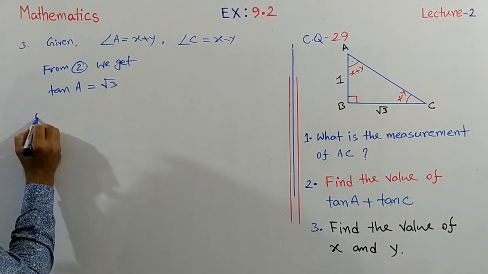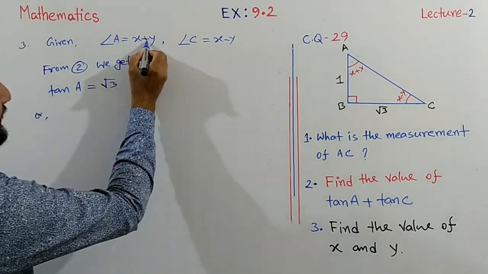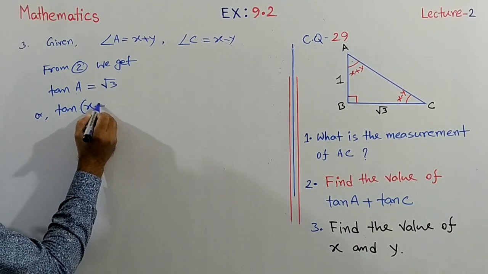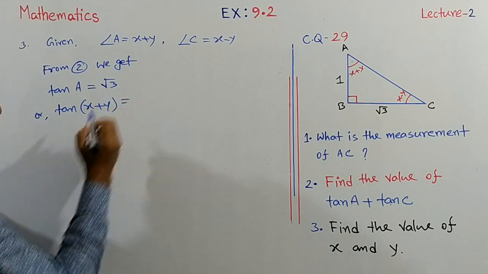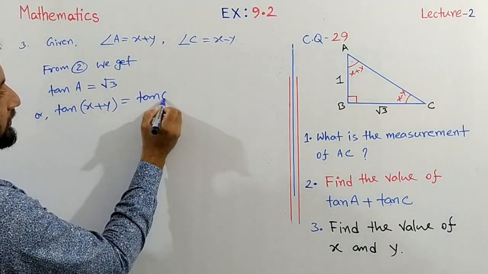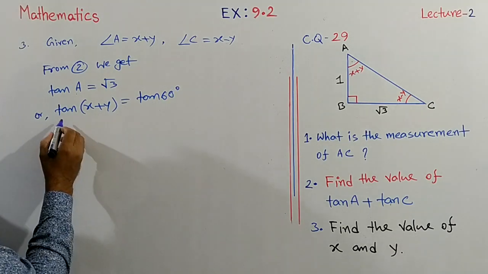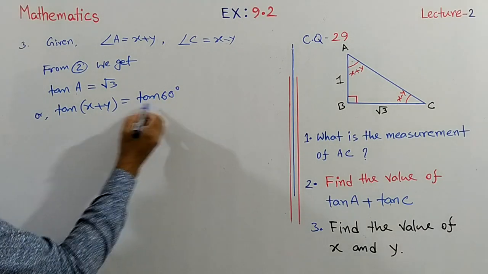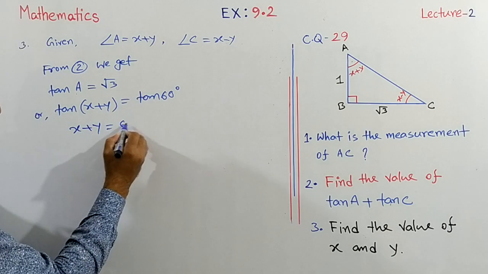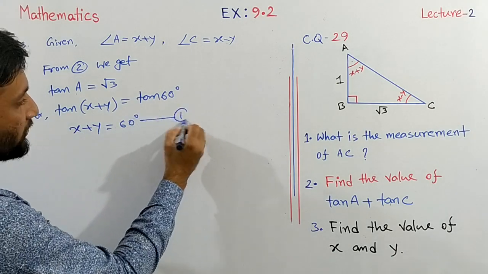So by using the value of angle A, angle A equals x plus y, so we can write tan x plus y equals root 3. The value of root 3 is tan 60 degree. So write as tan 60 degree. So both sides operator are same, tan. So we can write x plus y equals 60 degree. Mark this as equation 1.